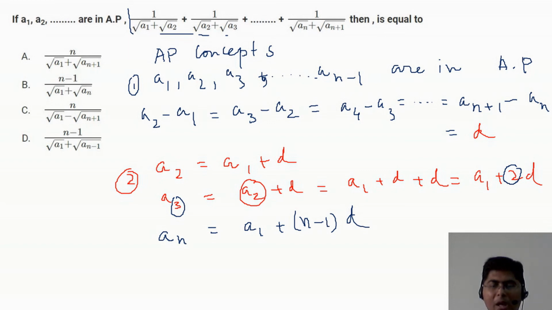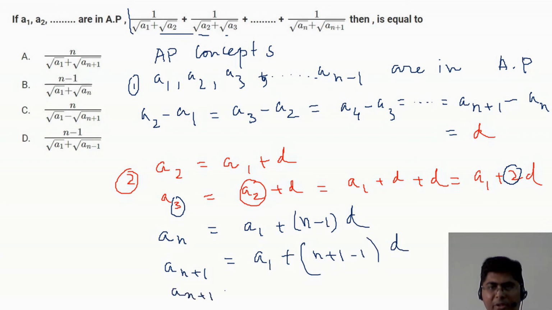Now, what will be the value of a(n+1)? Very simple. a1 plus, here is the nth term, so n plus 1 will be there: (n plus 1 minus 1) into d. So a(n+1) is equal to a1 plus, look at n, 1 and 1 cancelled, so it will be nd, which means a(n+1) minus a1 is equal to nd.